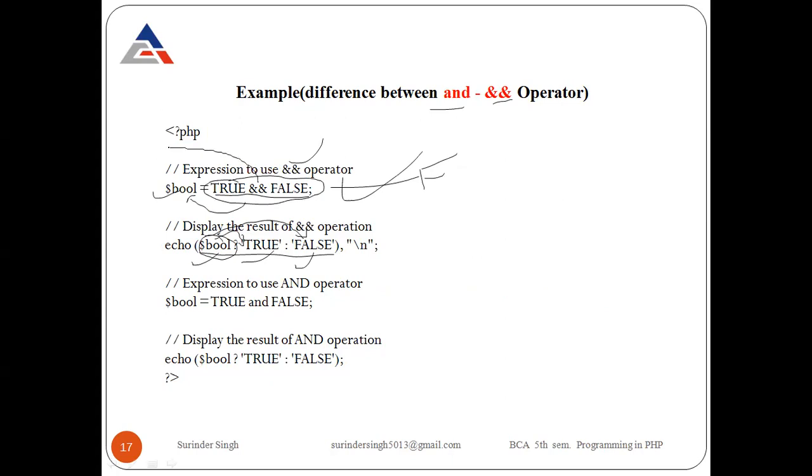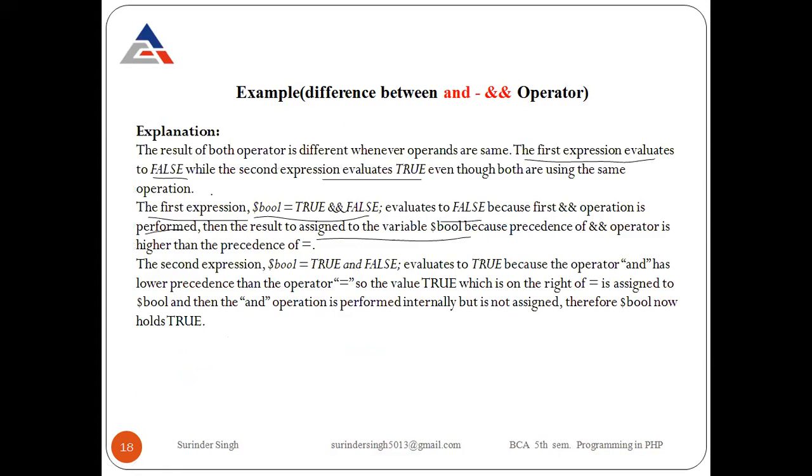After this, it will assign the value to bool because the and operator has higher precedence than the assignment operator. Clear? First, the expression will be executed. First, this operator will be performed. Then the value is assigned to bool, because the and operator has higher priority than the equal to operator, or we can say the assignment operator. Clear?